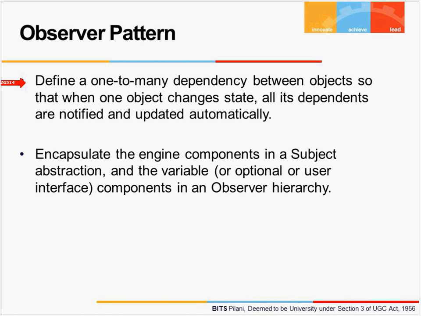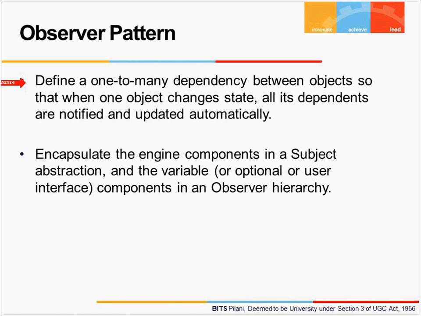There is a concept which is called state. The state of the subject changes, and the objects need to be notified. Right? That is the idea behind the observer pattern. There is a one-to-many dependency relationship: one is the subject or the observable, and the many are observers.